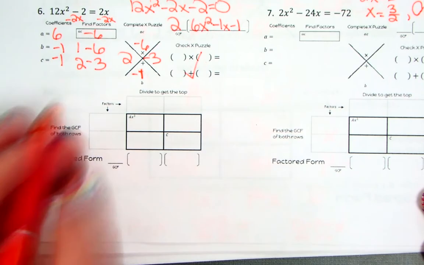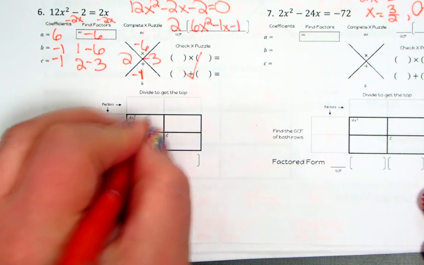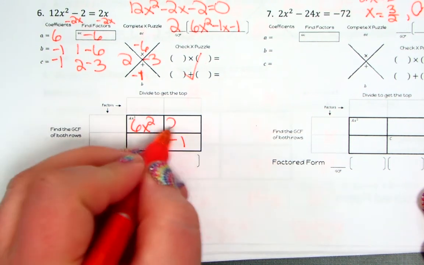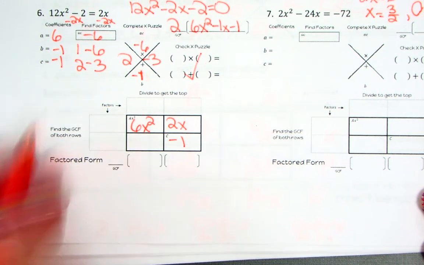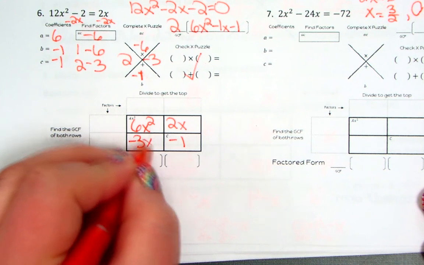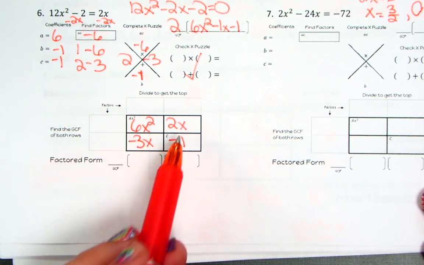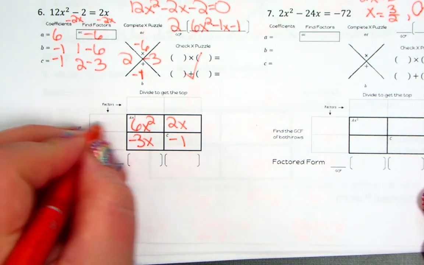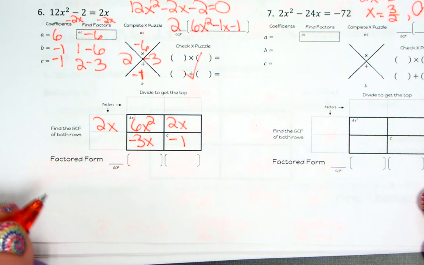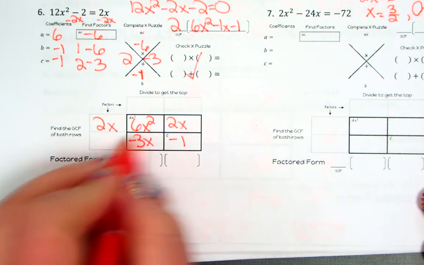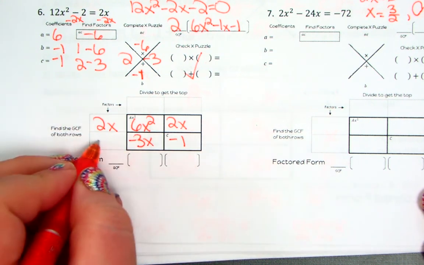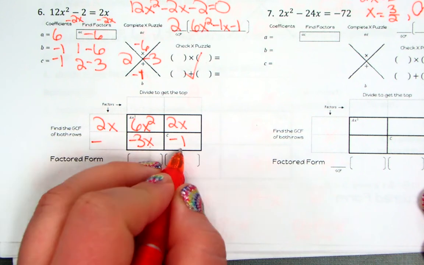First term. Last term. 2x, negative 3x. I can take out of the top row not only an x, but a 2 as well. Out of the bottom row, the box touching the outside is negative, so I'm going to take a negative, and there's nothing in common, so negative 1.